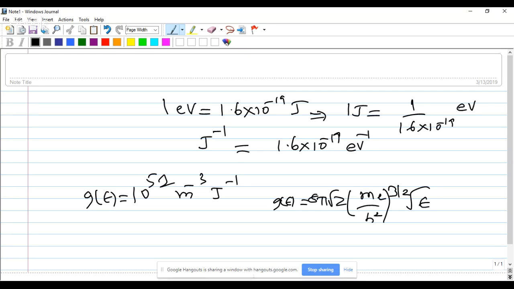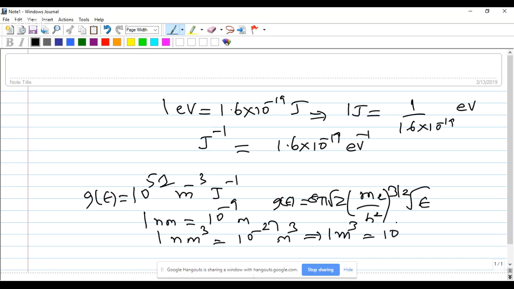Similarly, from meter to nanometer, we know that 1 nanometer is 10 power minus 9 meter, which means 1 nanometer cube is 10 power minus 27 meter cube, or 1 meter cube is equal to 10 power 27 nanometer cube. So you're just taking the inverse.